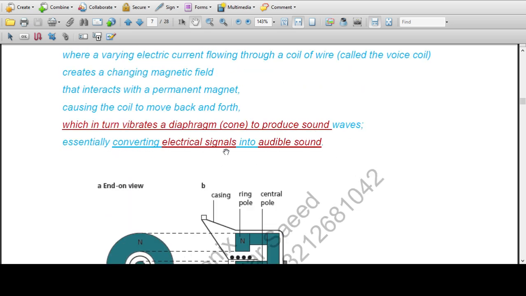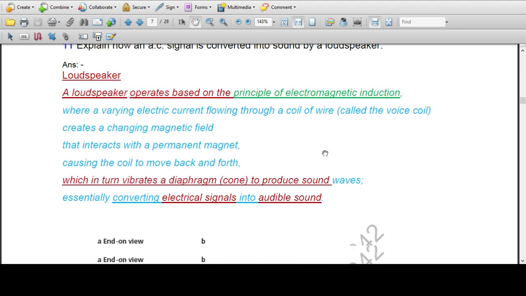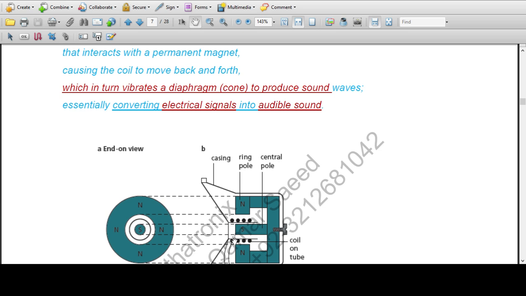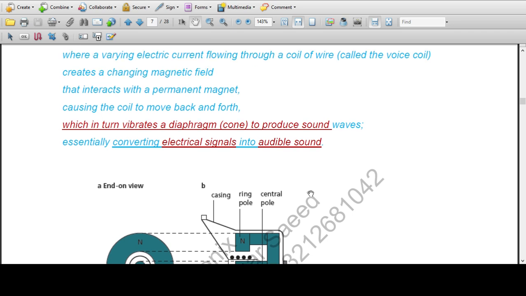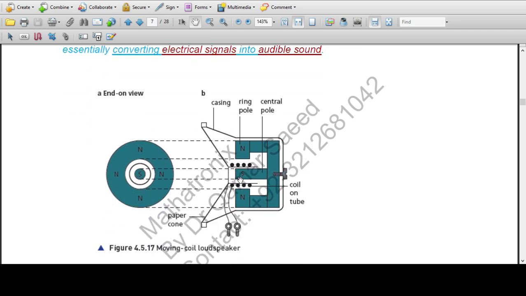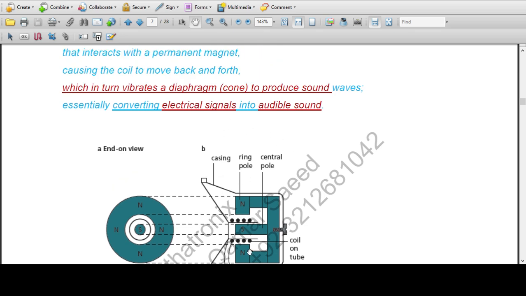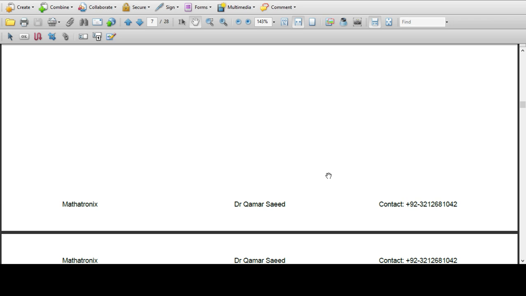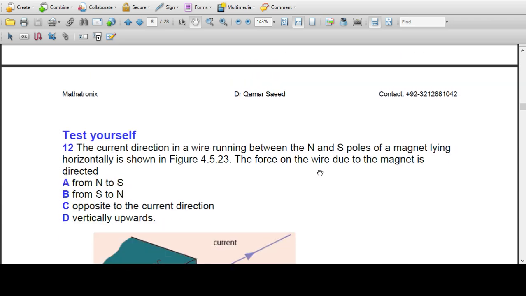So this is the way the electrical signal is converted into an audible sound signal by the vibration of this cone, as a result of the varying or changing magnetic field. So this is the electromagnetic induction effect in a loudspeaker, which is the main principle of its working.